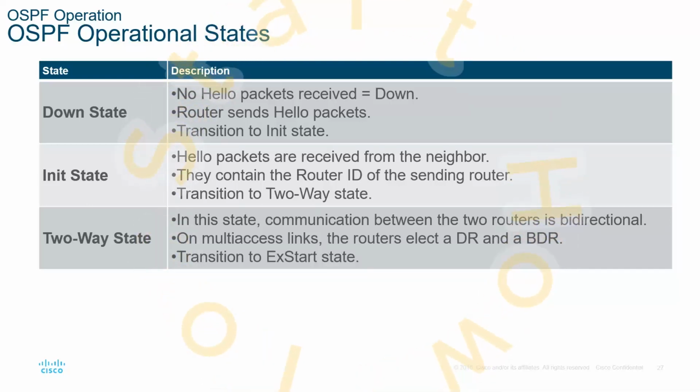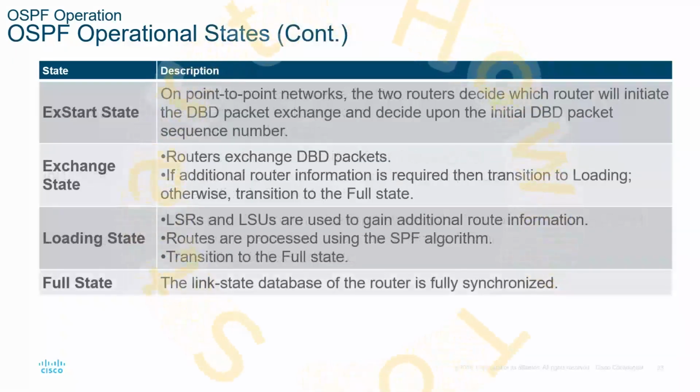After they designate a designated router, the two-way state will transition to the ExStart state. In the ExStart state, the two routers will decide which router will initiate the DBD packet exchange. Again, that's the database.